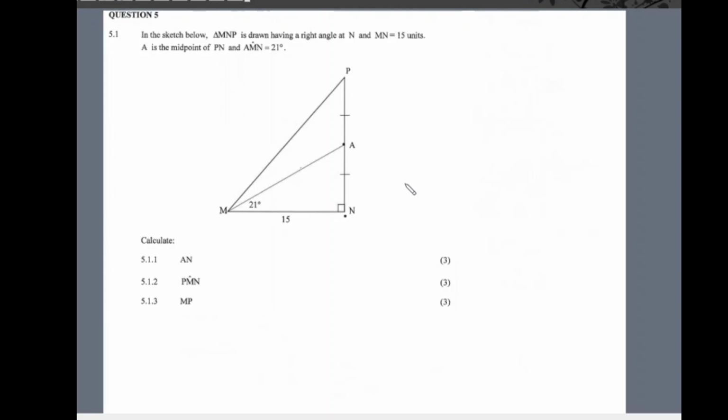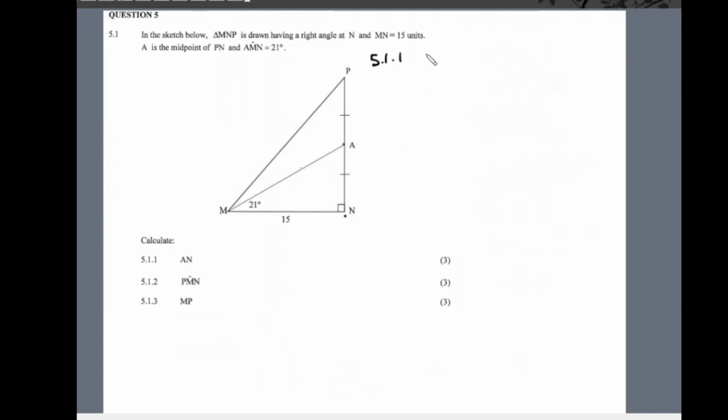Now they also tell us this angle AMN is 21 degrees, right? And they want us to calculate the side AN. So calculating the side AN, 5.1.1, we will use the trigonometric ratios.